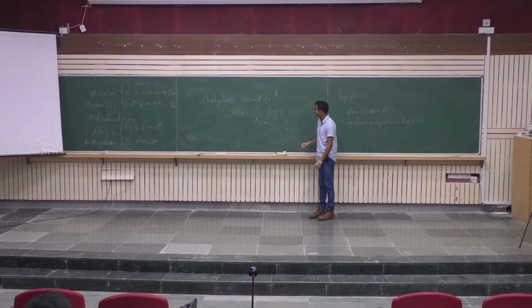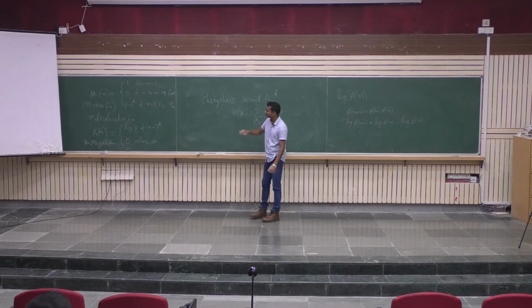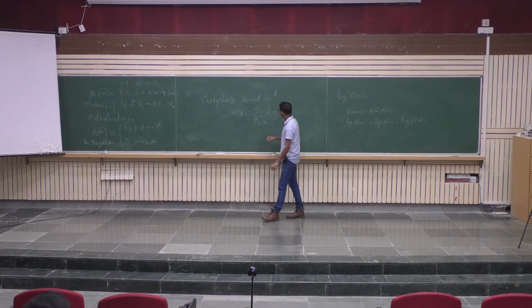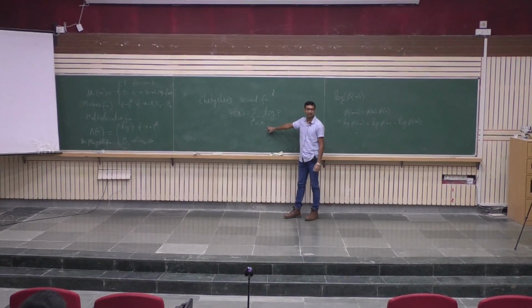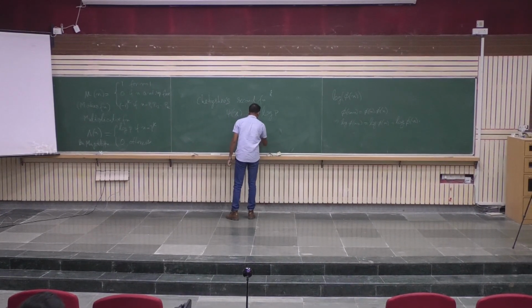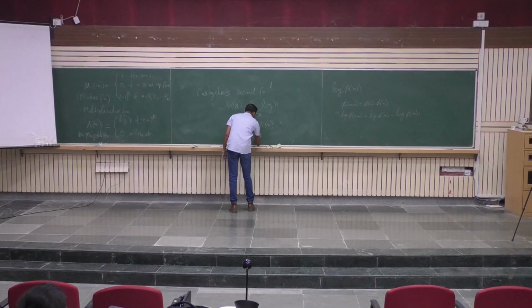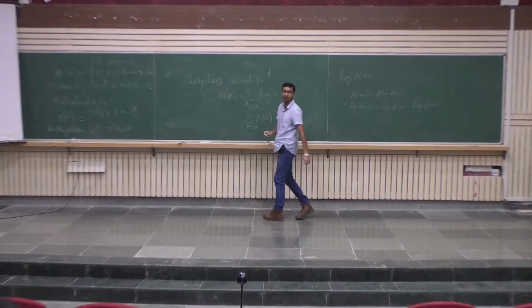What we are actually doing is summing the von Mangoldt function over all the integers less than x. So this is nothing but the sum of lambda n, for n less than x.